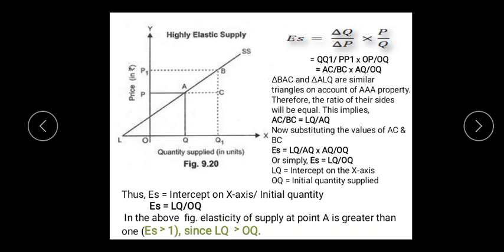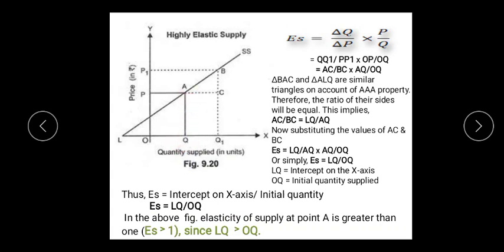This angle theorem states that triangles are similar if the measure of all the three interior angles in one triangle are the same as the corresponding angles in the other. So here we can see that the measure of all the three interior angles in triangle BAC are the same as the corresponding angles in triangle ALQ.